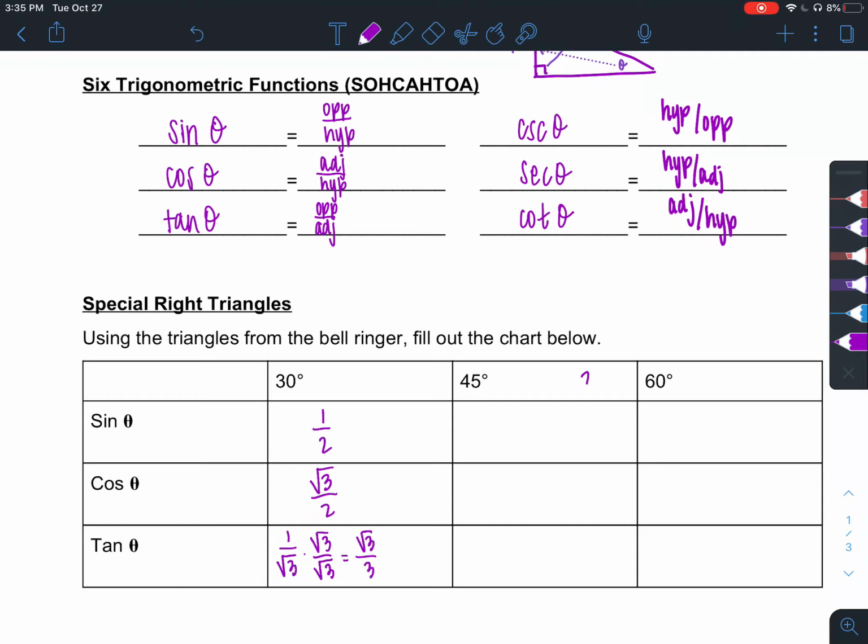Go ahead and do the next two. For 45, you should have said sine of 45 is radical 2 over 2, cosine radical 2 over 2, and tangent 1. For 60, you should have got sine of 60 is radical 3 over 2, and cosine of 60 is 1/2, and tangent is radical 3.